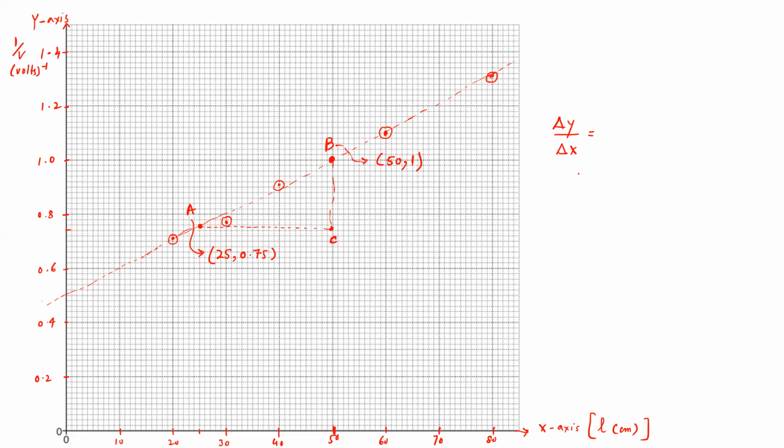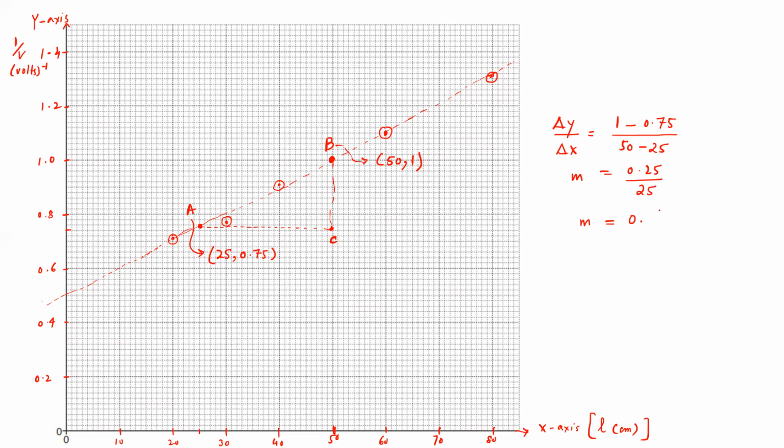So I have the coordinates of both. Change in y will be 1 minus 0.75 and change in x would be 50 minus 25. This will be 0.25 divided by 25, and this is the value of m. So 0.25 divided by 25 is 0.01. So 0.01 will be the value of m.